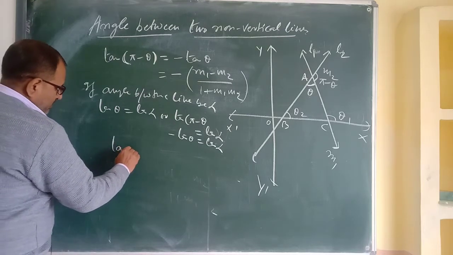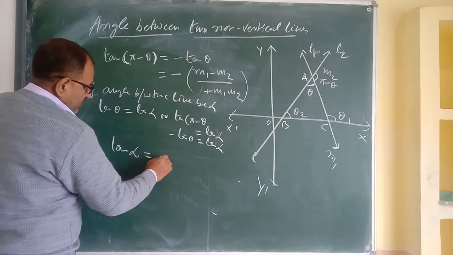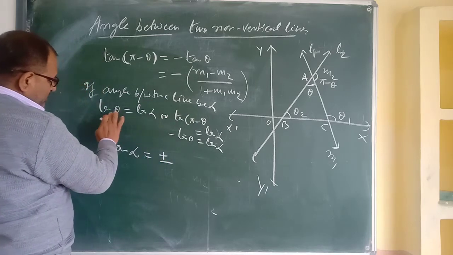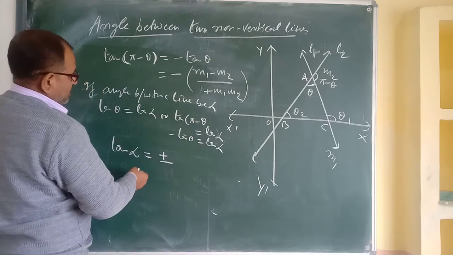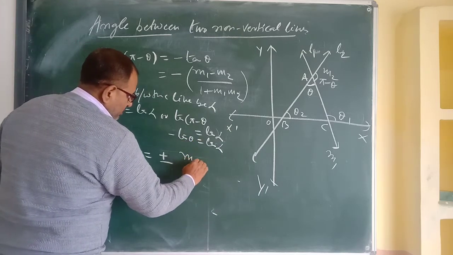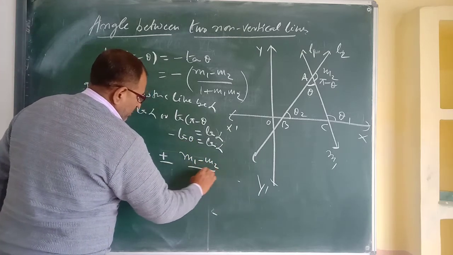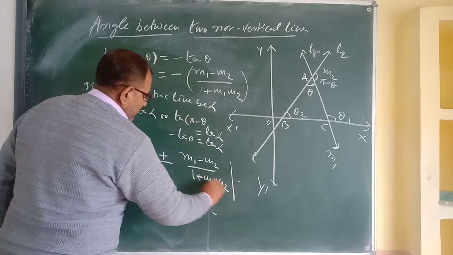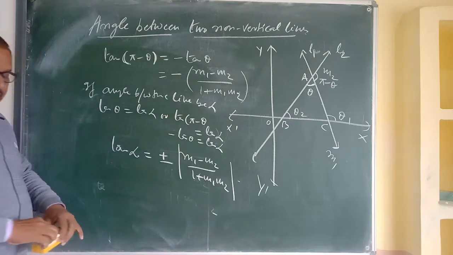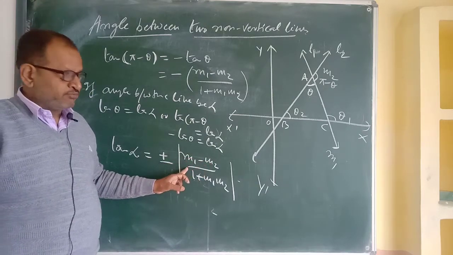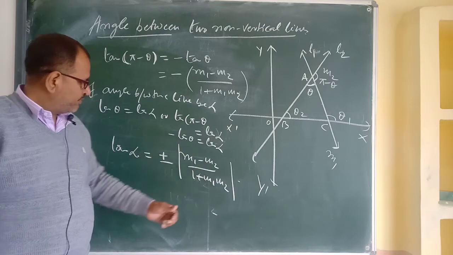So for the angle between the two lines, tan alpha, we will use the plus minus sign. Tan alpha is tan theta, or tan alpha is minus tan theta, and the value of tan theta we have found: m1 minus m2 upon 1 plus m1 m2. We will take the mod, the absolute value, since maybe m1 is greater than m2 or m2 is greater than m1, so we have to use the mod sign here.